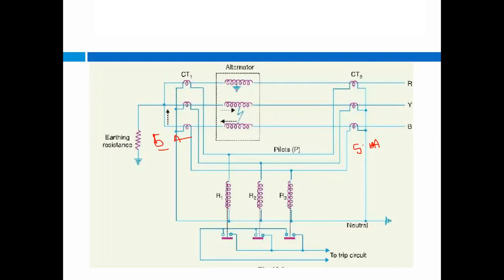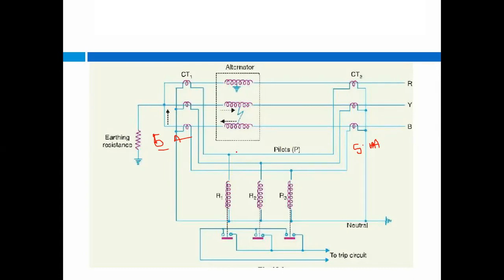Now here the fault has occurred in this R phase, so current will flow through this R1 relay. When there is a normal operating condition and no fault, the same current is flowing. But if there is a difference between the currents, that current will flow through that particular relay.